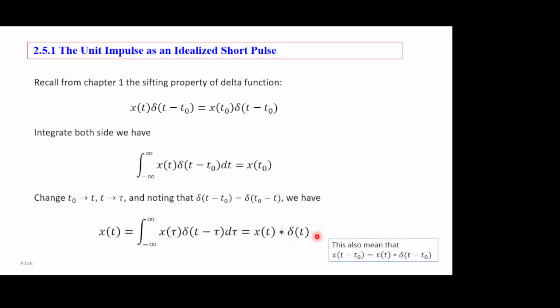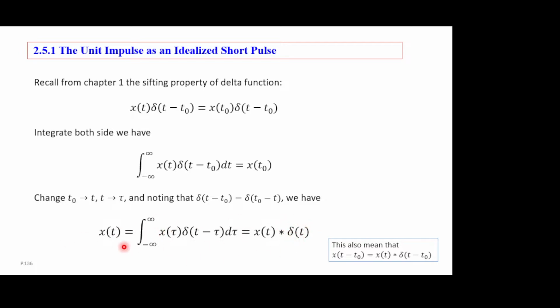So we can also interpret this as an LTI system. Delta of t will be the impulse response of the identity channel. That makes sense, because if you put delta of t into the identity channel, the output will be delta of t.